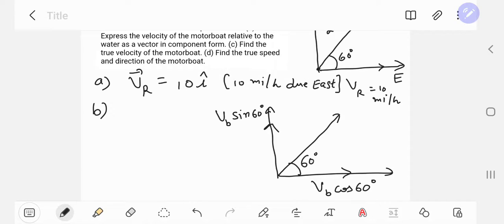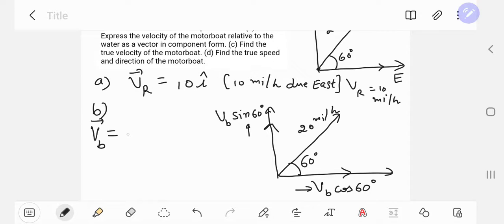Okay, now this is 20 miles per hour in the inclined direction, so the components would be something like this. The velocity of the motorboat has two components, one along the x-axis and the second along the y-axis, right?